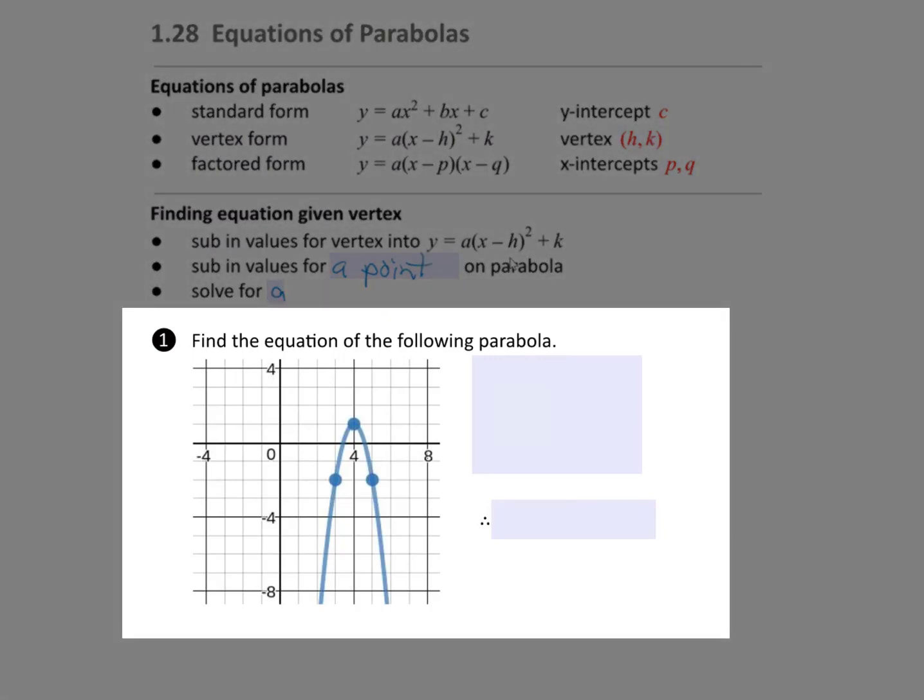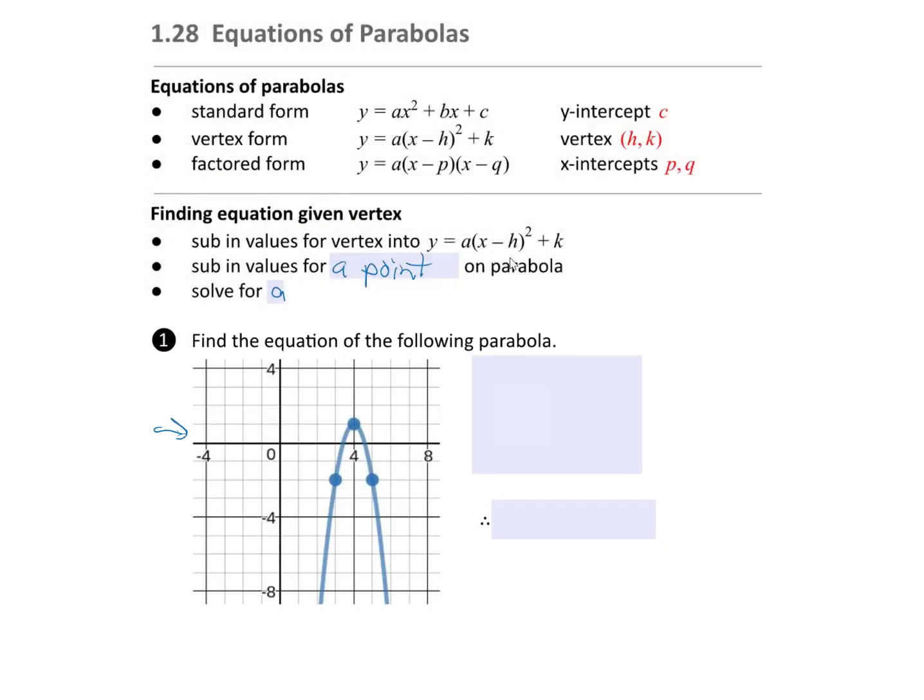If we are looking at this example down here, we'll be given an equation that'll look something like y equals a, because we don't know what our a value is yet. That's what we're going to solve. X minus 4, because it went right 4, squared, and then plus our k value, which is just 1 in this case.